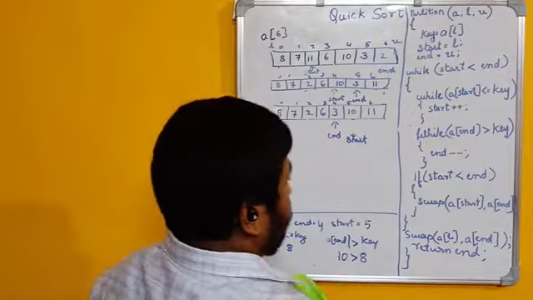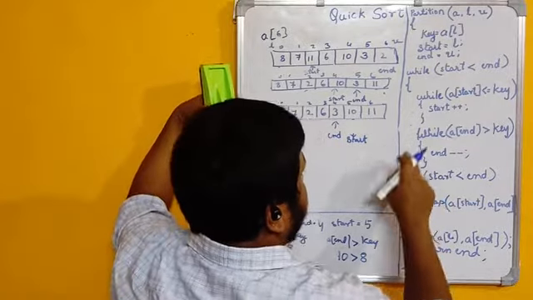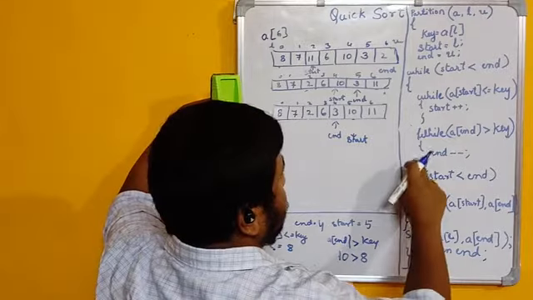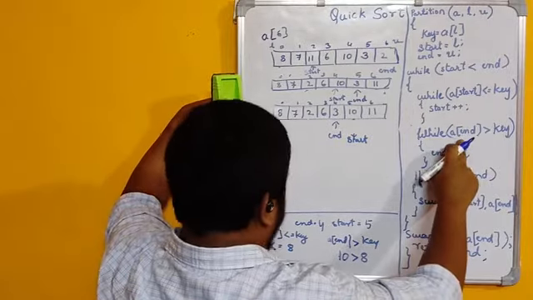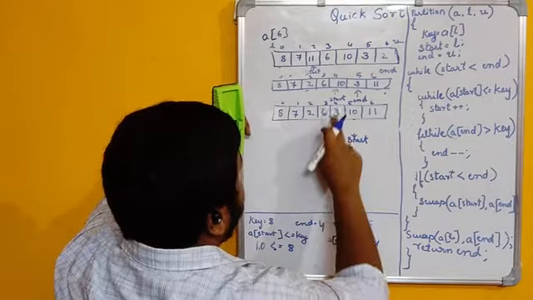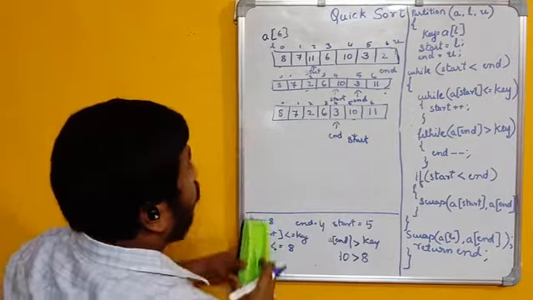Okay. See this. Again, while A of end, A of 4, end is 4 now. A of 4 is what?